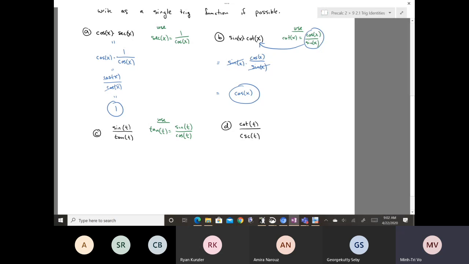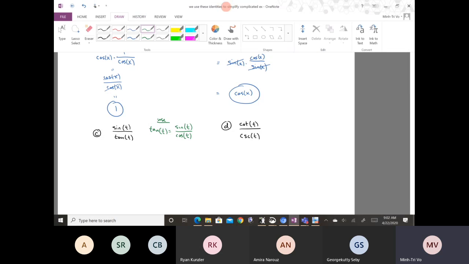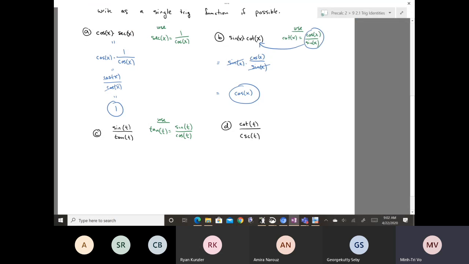Here the variable is t, but the variable isn't that important. It's just representing the angle. Okay, so tangent is sine over cosine. So this goes into the denominator here.